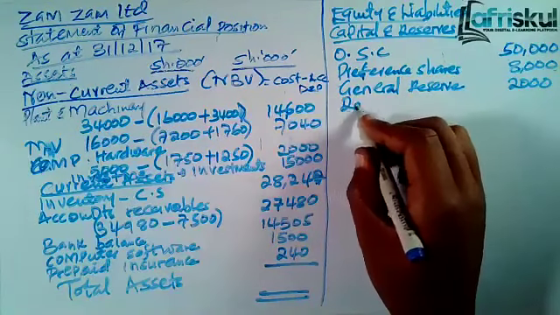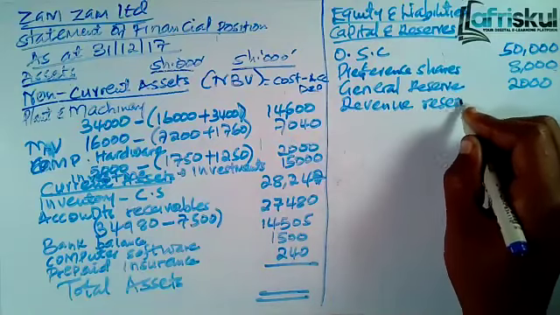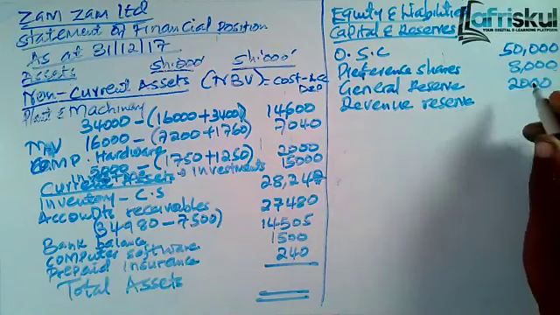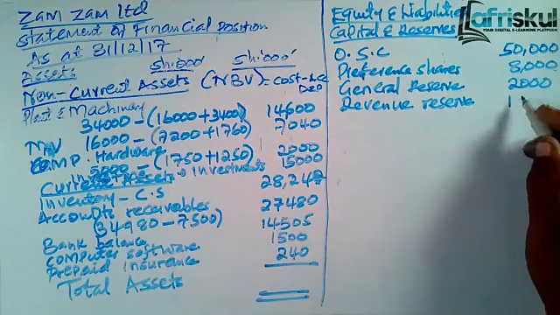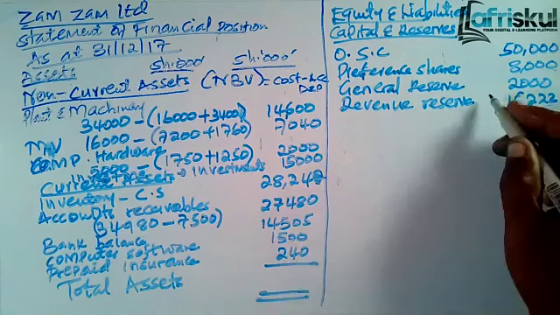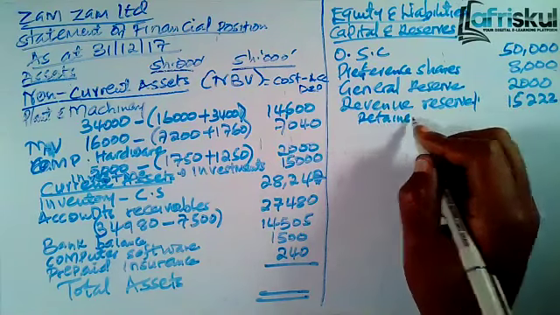Again, we have the revenue reserve, which after computation I got 15,222. Remember, the revenue reserve is also the retained earnings.